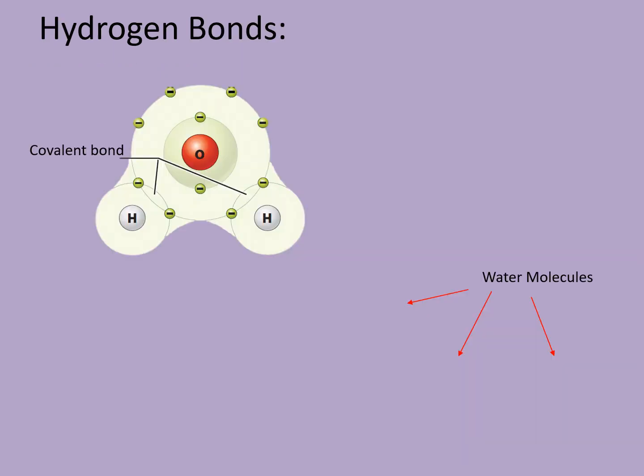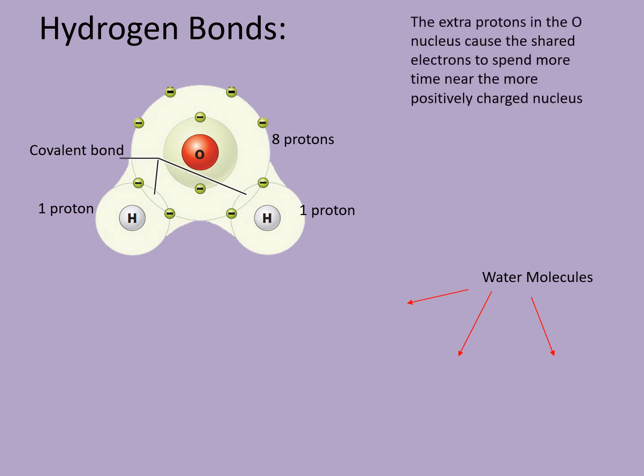And then the last type of bond that we are talking about is a hydrogen bond, which, you guessed it, involves hydrogen. So hydrogen is bonded to an atom as a covalent bond. You have 8 protons in the oxygen, 1 proton on each hydrogen, they're bonded. But the extra protons in the oxygen nucleus cause the shared electrons to spend more time near the more positively charged nucleus.